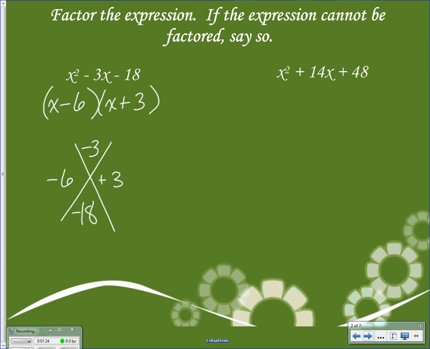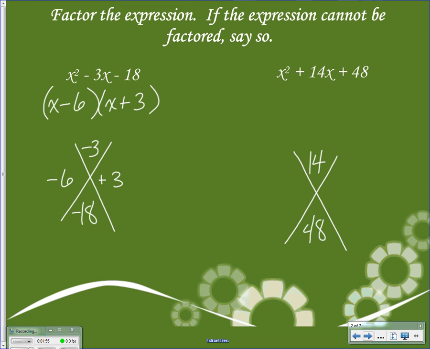So let's try this again. Same thing. I'm going to make an x. Okay, I want two numbers to multiply to be 48 and to add to be 14. So what two numbers would multiply to be 48 and add to be 14? Well, I know that 12 and 4 multiply to be 48, but 12 plus 4 is not 14, so that's not going to work.